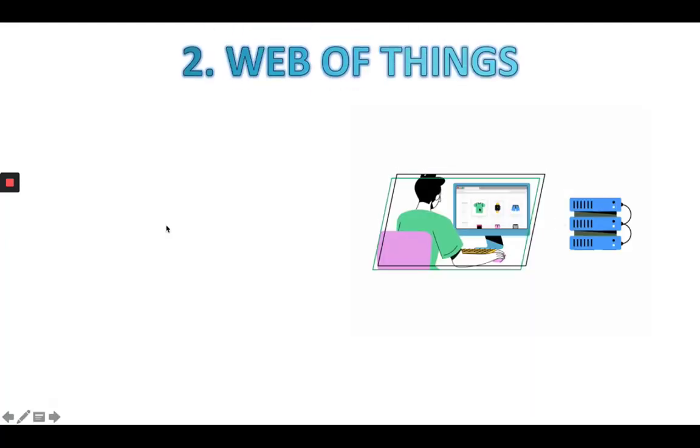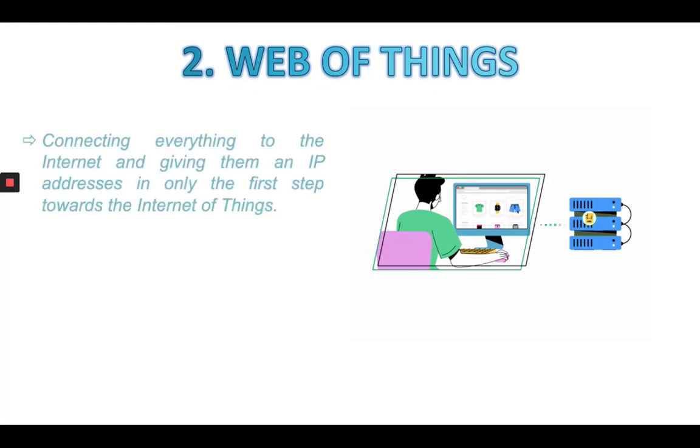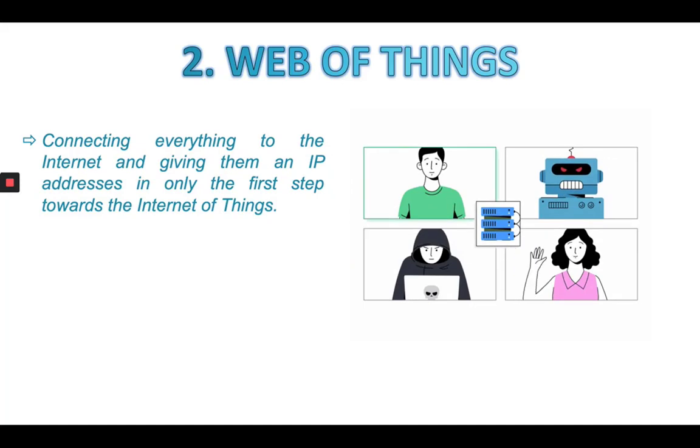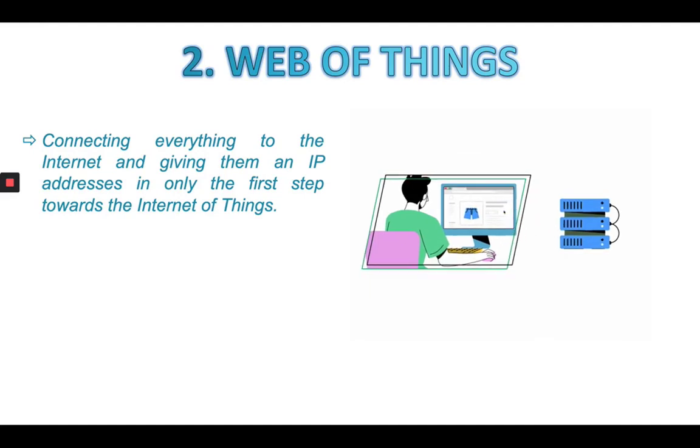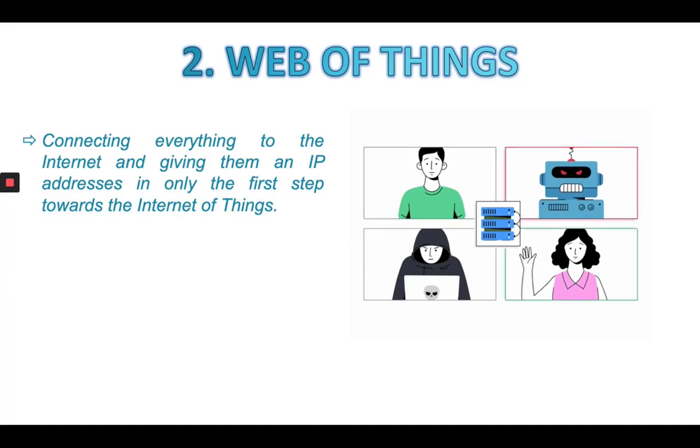In the next component we have the web of things. Connecting everything to the internet by giving them an IP address is only the first step toward the Internet of Things.